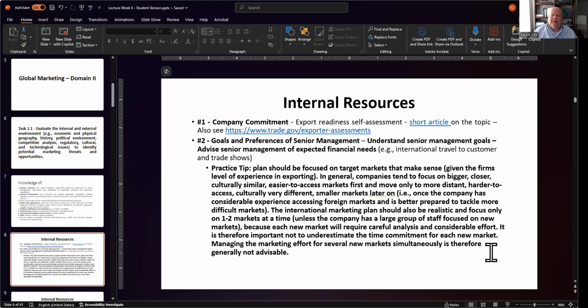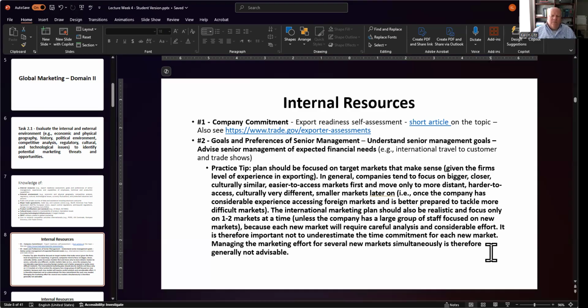Basically, this is an overview of the type of things you should begin to be prepared to say: okay, this is a good idea, we really need this internally, we need to be prepared in this way. What resources do we need inside? It basically tells you whether you're ready or not.